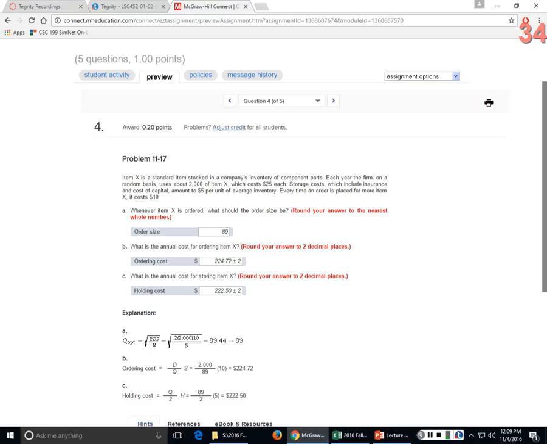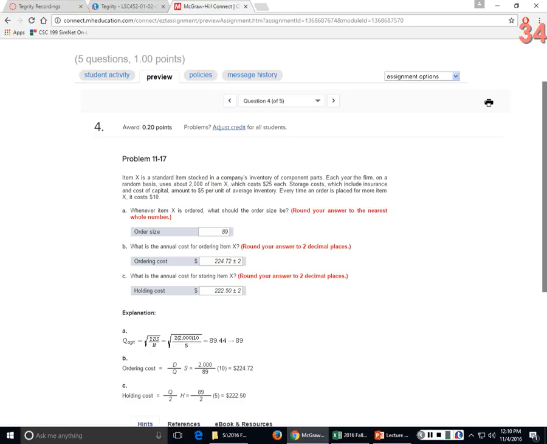Storage costs, which include insurance and cost of capital, amount to $5 per unit of average inventory. And every time an order is placed for item X, it costs $10.